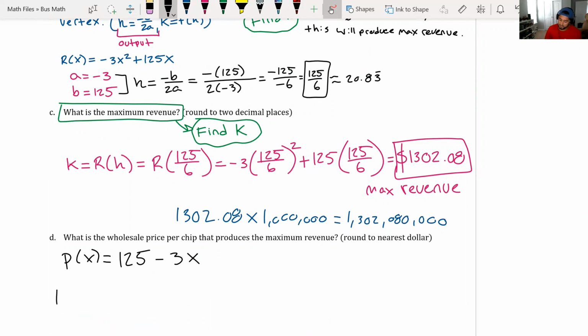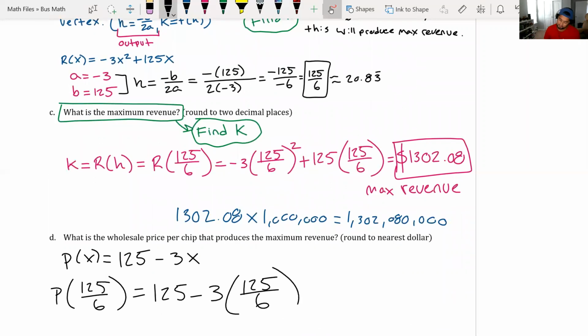And then we'll say P of 125/6 equals 125 minus 3 times 125/6. And calculate.